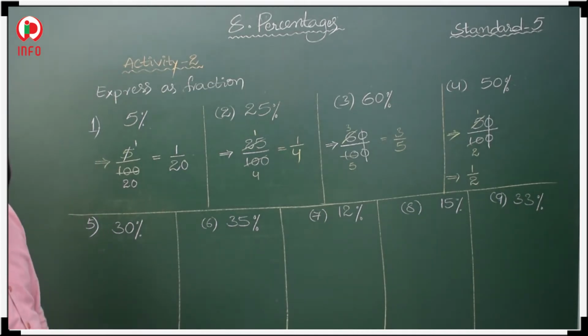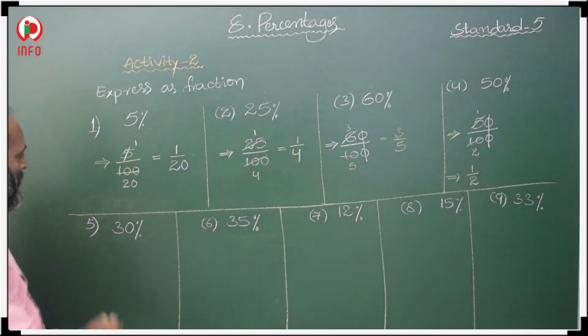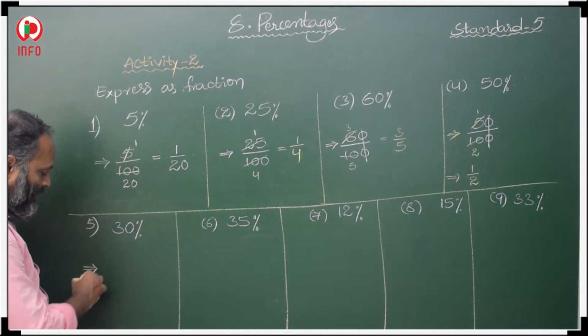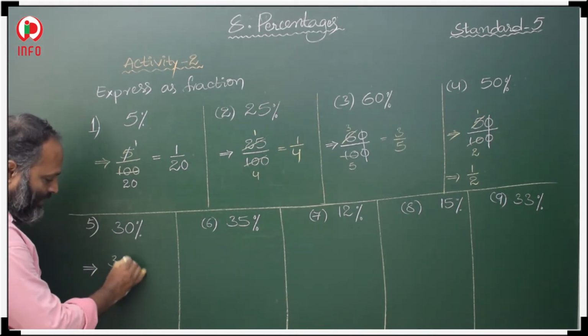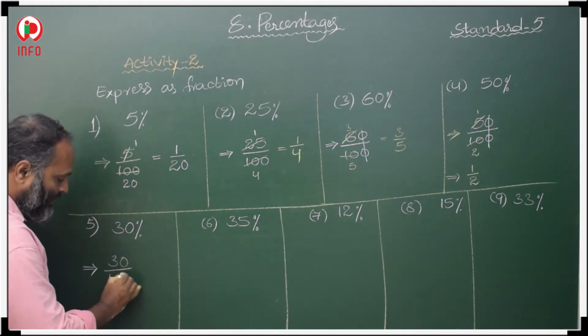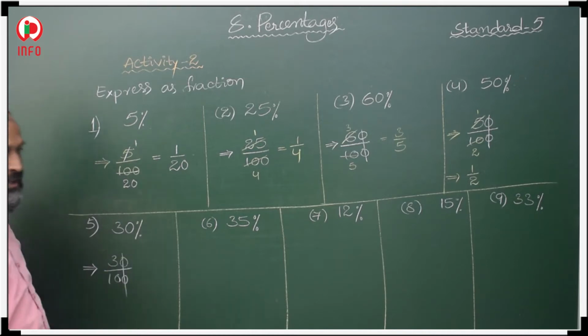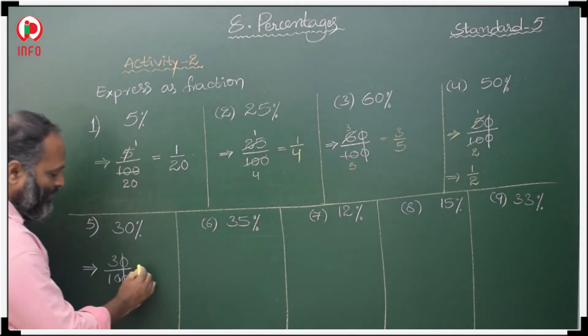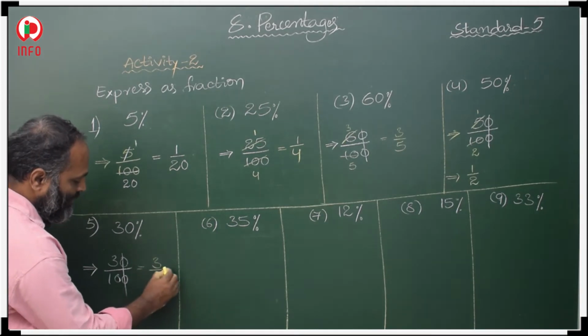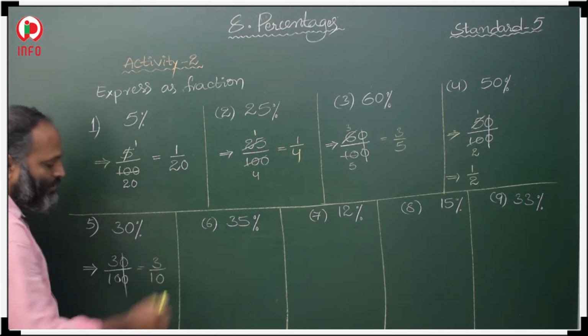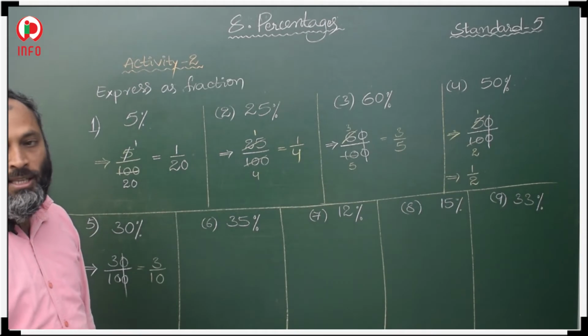Now 30%, which means 30 by 100. The zeros cancel, and further simplification is not possible. So 3 by 10 is the answer.